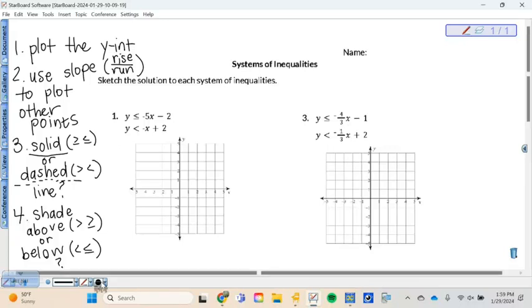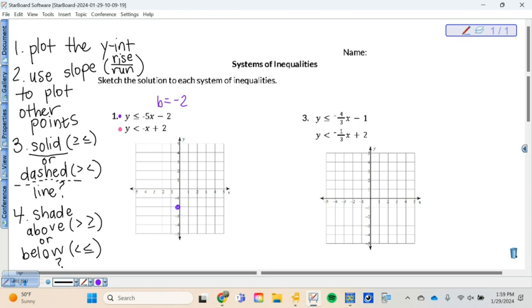So let's look at this first one. Take your two colors and just assign a color to each of the lines. Let's look at this top line first. What is my y-intercept? -2. That's where I start my line.